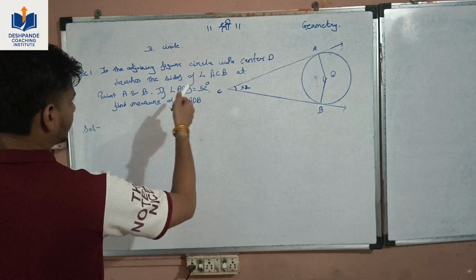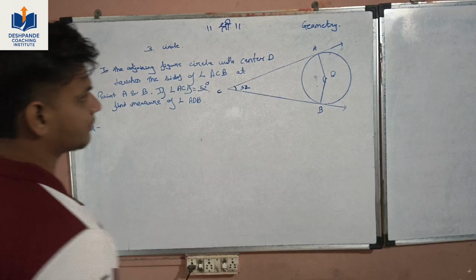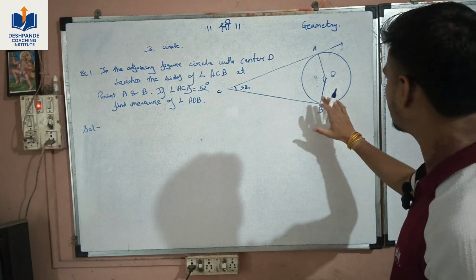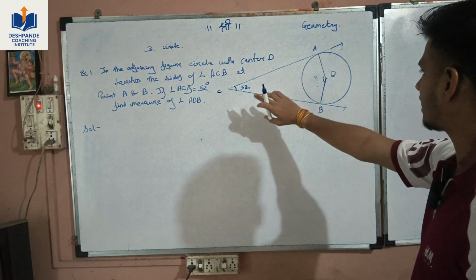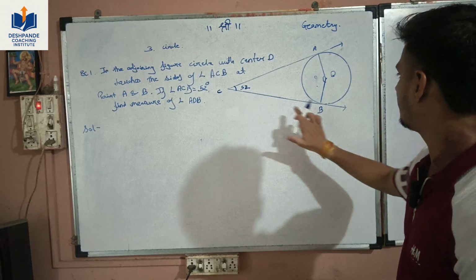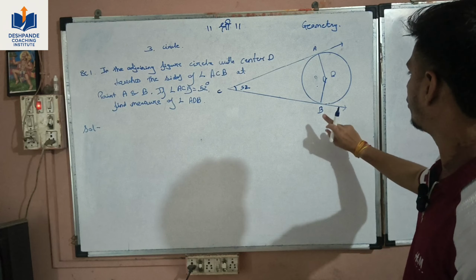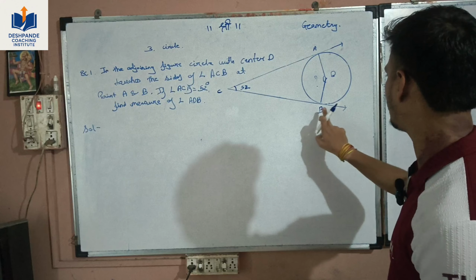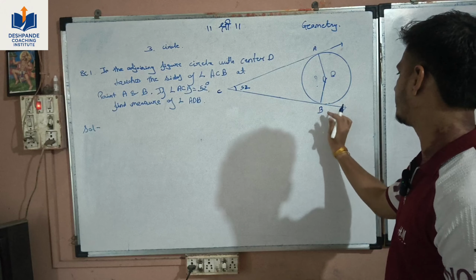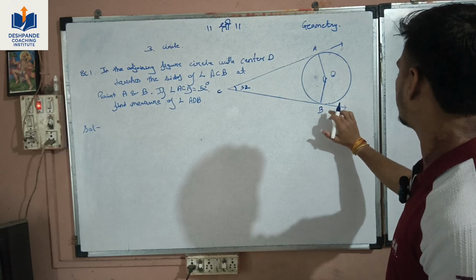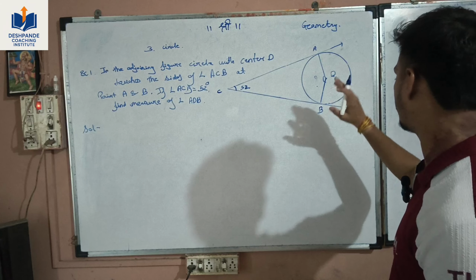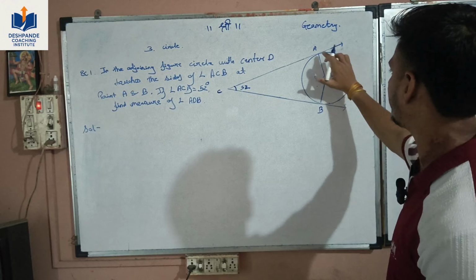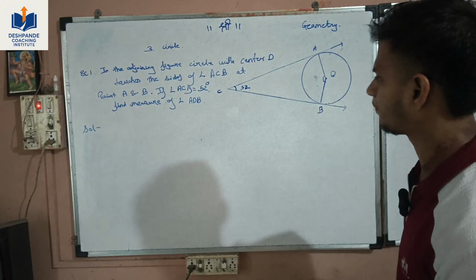In the adjoining figure, you can see it is a quadrilateral, so there are four angles. The first is angle ACB, which is 52. Next is angle CBD, this angle B. Then angle BDA, which we have to find, and angle DAC, this one.